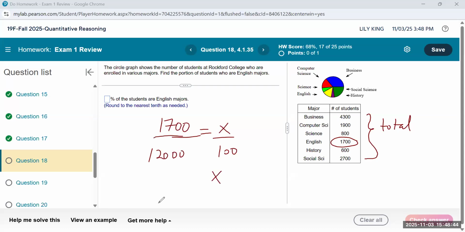Now to find X, which is the percent, you have to apply cross product. So 1,700 times 100 divided by 12,000. This is 14.2% if you leave it to the nearest tenth as instructed. So 14.2%.